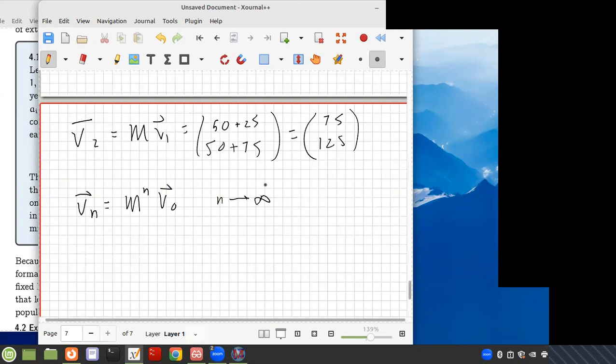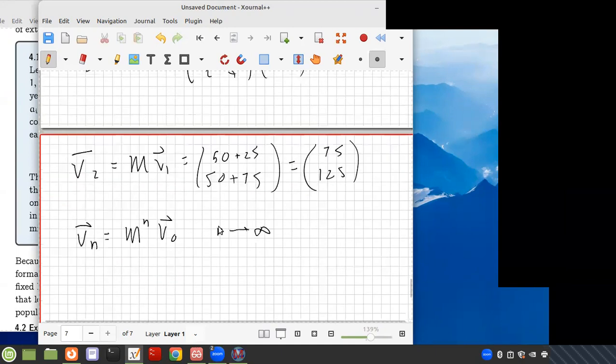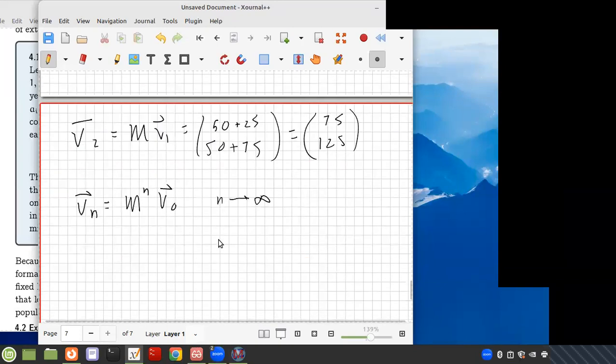But that's going to be a matter of finding M to the n. There's actually going to be a way to find an approximate answer for this that's going to be easier. Okay, well, let's go on.